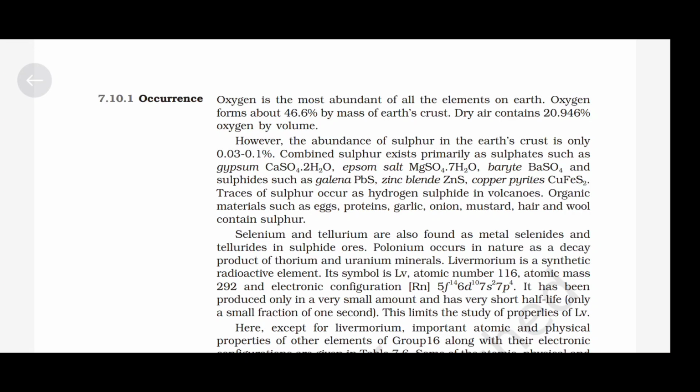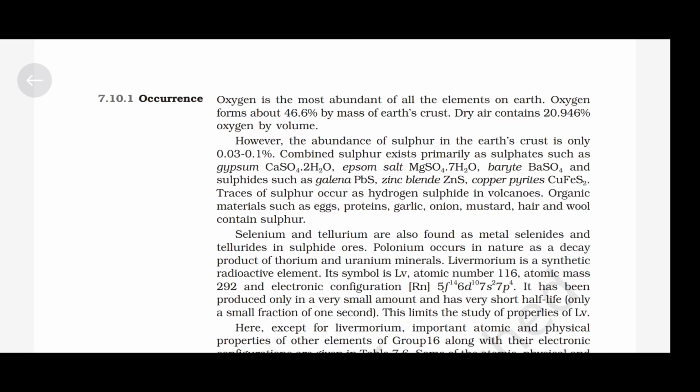Its symbol is Lv, atomic number 116, atomic mass 292, and electronic configuration [Rn] 5f14 6d10 7s2 7p4. It has been produced only in a very small amount and has a very short half-life, only a small fraction of 1 second. This limits the study of the properties of Lv.